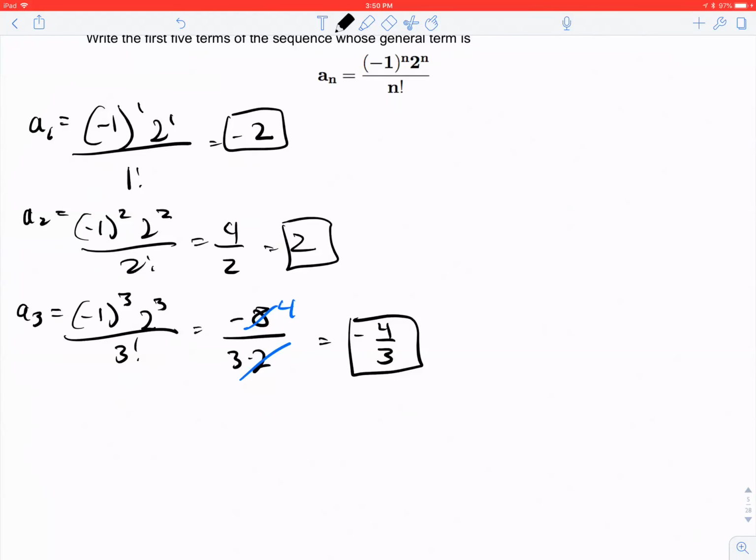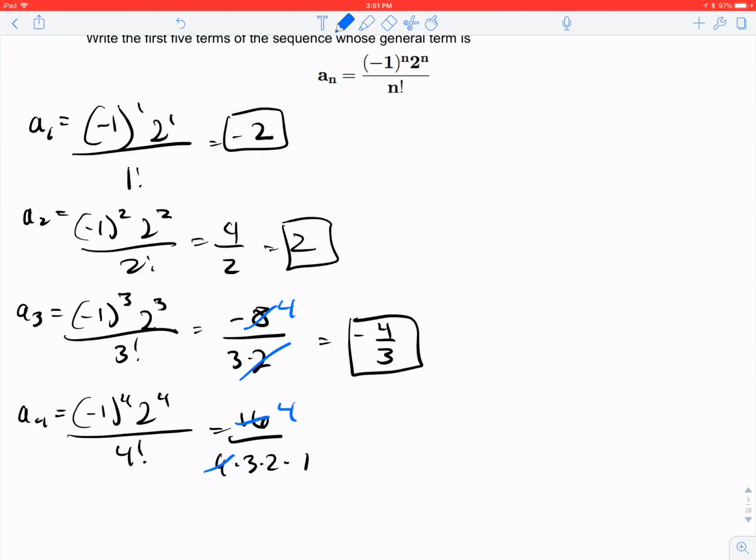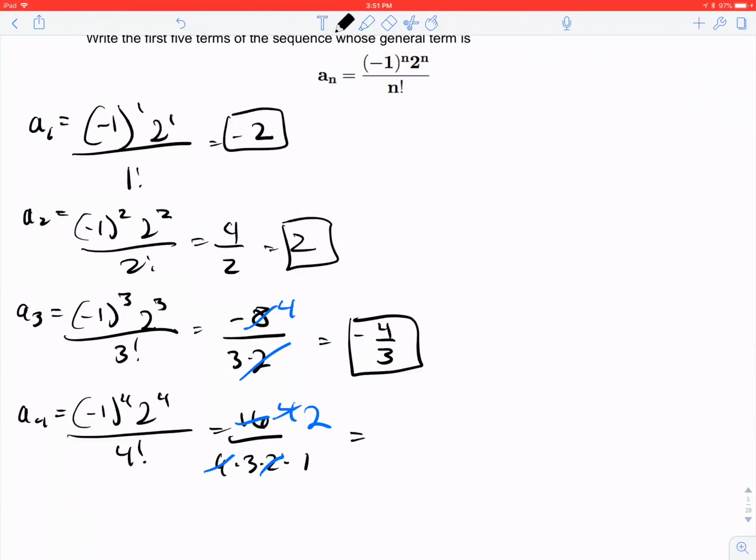So then if we do A4, it's going to be negative 1 to the power 4 times 2 to the 4 over 4 factorial. So negative 1 to the 4 is going to make it positive. 4 times 4 is 16 over 4 times 3 times 2 times 1. Now, the 4 turns the 16 into a 4. The 2 turns the 4 into a 2. And I think that's the most canceling that we can do. So then we're left with a positive 2 over 3.